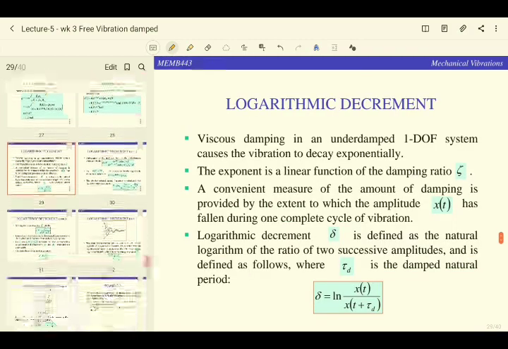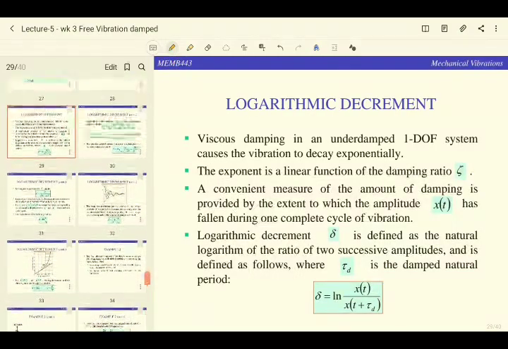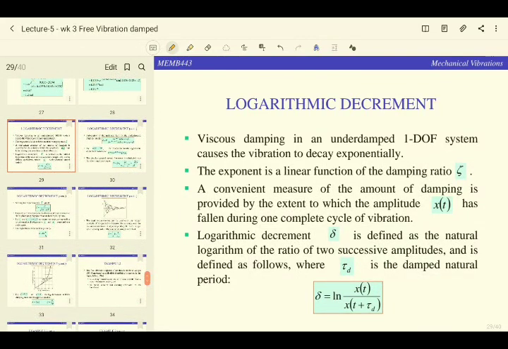Then we can go to the logarithmic decrement. What it means by logarithmic decrement is that you want to be able to use this equation. If you look at this equation, this is what we call the logarithmic decrement delta.